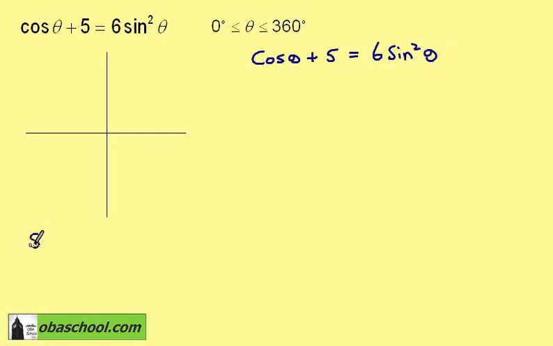We have the identity that sine squared theta plus cos squared theta is identical to 1, and therefore sine squared theta is the same as 1 minus cos squared theta.